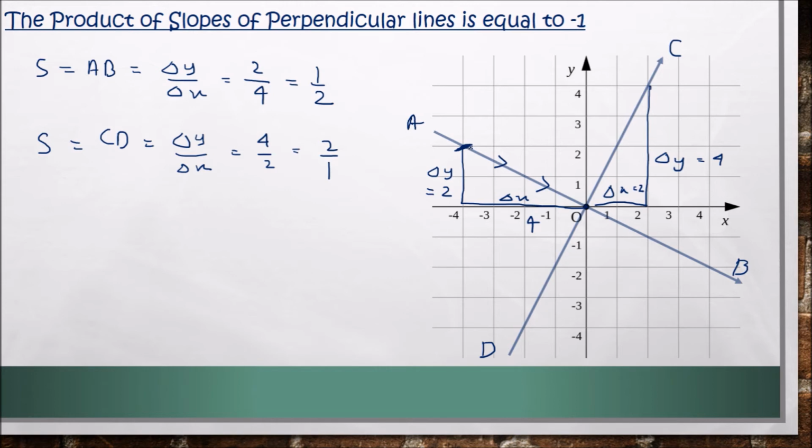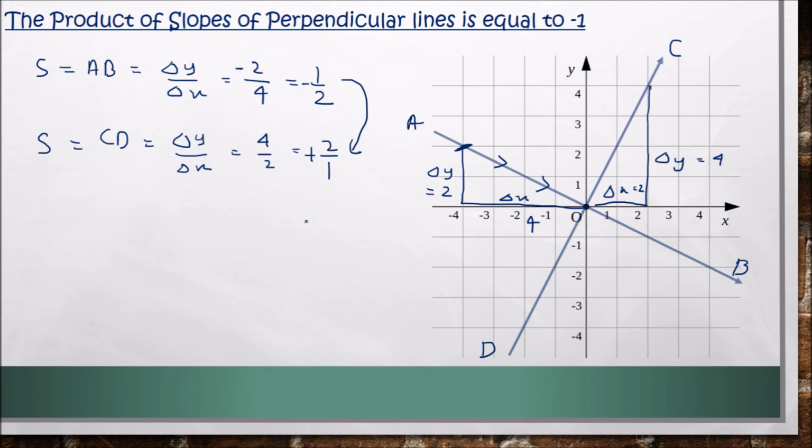So y is actually decreasing. That's why this will be -2/4, which is -1/2. The negative reciprocal of -1/2 will have 2 as the numerator and 1 as the denominator. Since the first fraction is negative, the reciprocal will be positive 2/1.